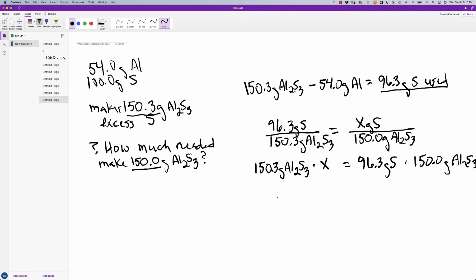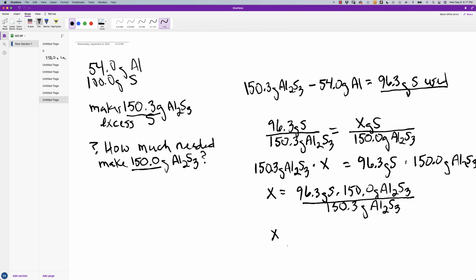Okay, finish our math. 96.3 grams of sulfur times 150.0 grams aluminum sulfide divided by 150.3 grams of aluminum sulfide. Finally get our calculator out, do all this, it comes up to 96.1 grams of sulfur is used.